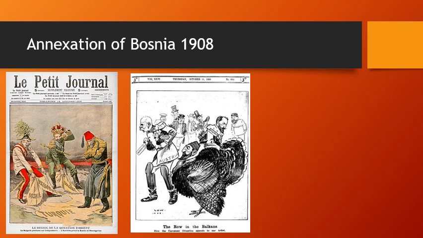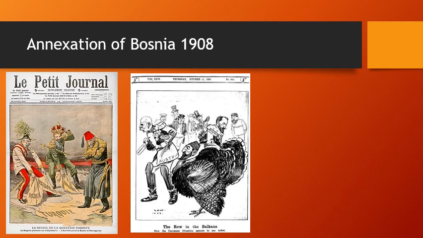Now we move to the Balkans and the annexation of Bosnia, and it's a very interesting story. It had been under the rule of the Ottomans, but as they were vanishing from the map by 1878, it was indirectly handed over to Austria-Hungary.